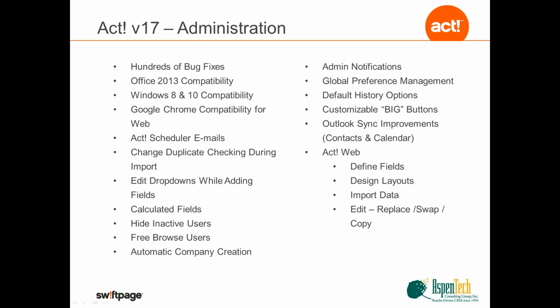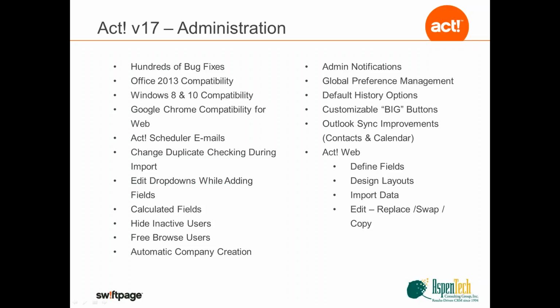The Act Scheduler, that utility that runs on your server that does your automatic backups, your maintenance routines, things like that, now has the ability to notify you via email when those tasks are successful or they fail. We can alter our duplicate checking settings during the import process. We can edit drop-downs while adding fields. We can create new fields called calculated fields, taking numeric calculations or date-based calculations and displaying the results of those right inside your Act database.